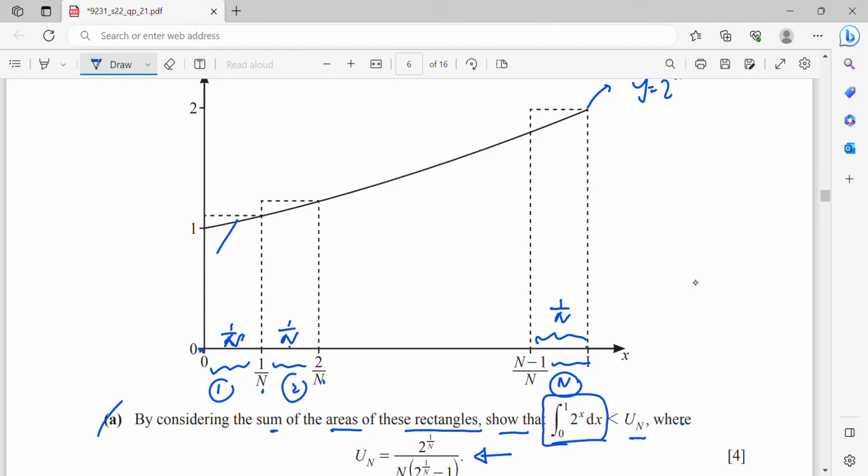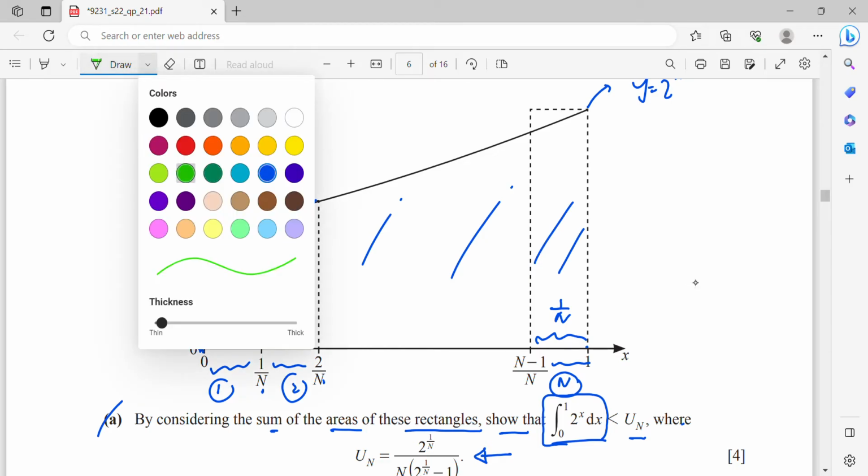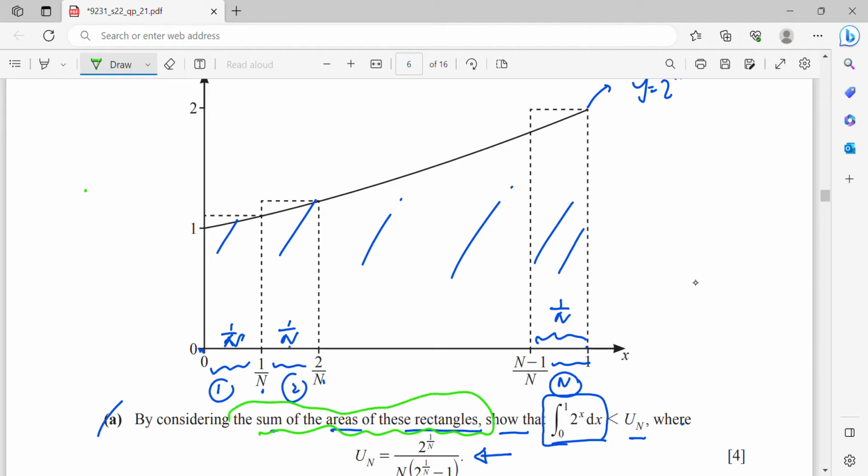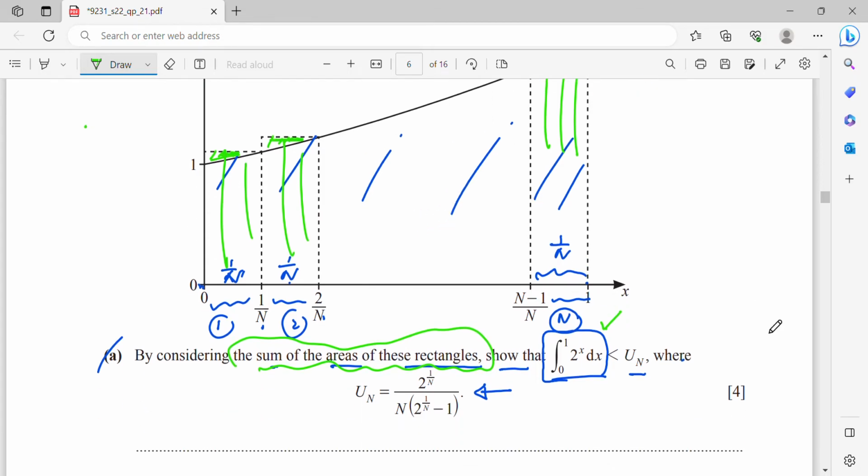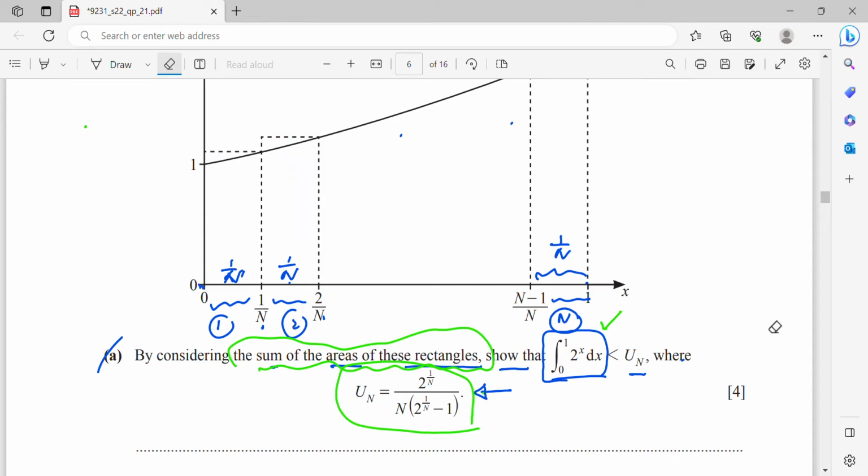Since we are drawing rectangles, when you consider the sum of the areas of all these rectangles, you will have extra area. Therefore the area under the curve, which is this integral, is always less than the total area of the rectangles. We just need to show the total area of the rectangles is this expression. That's the idea to solve this whole question.